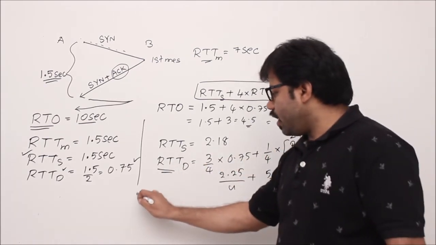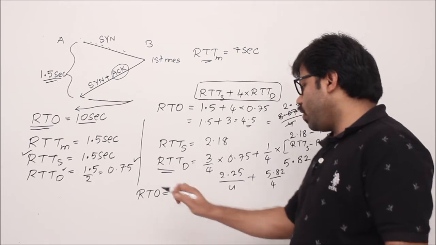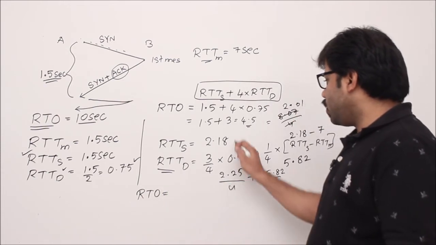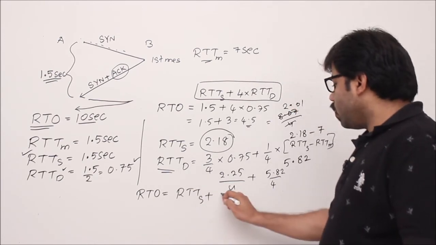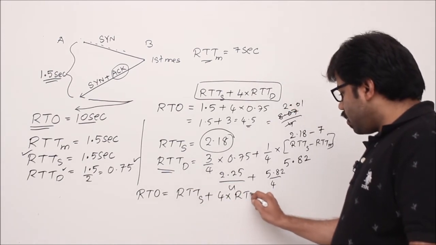Then what is the new retransmission timeout? RTO equals RTT smooth plus 4 into RTT deviation.